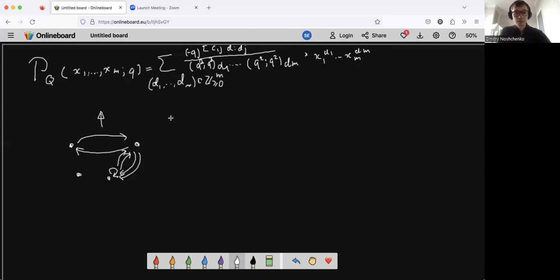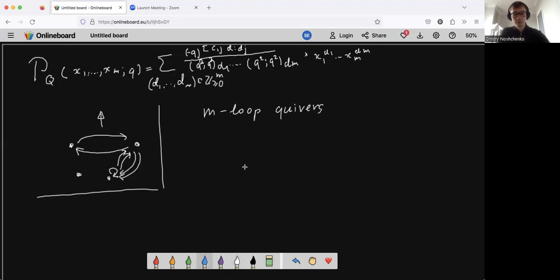So let's maybe take a look at some examples. The most basic examples, as you may guess, are m-loop quivers. So let's take a closer look at them. I'll draw it here.